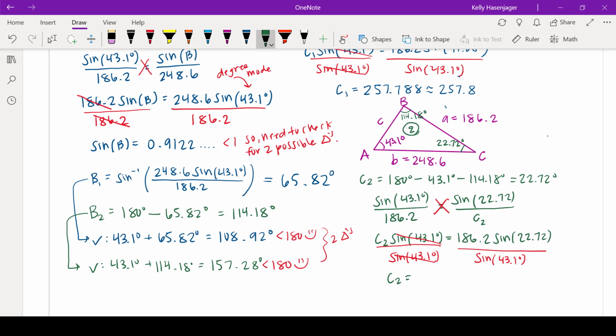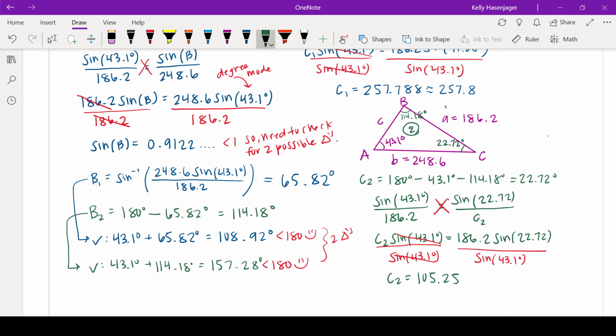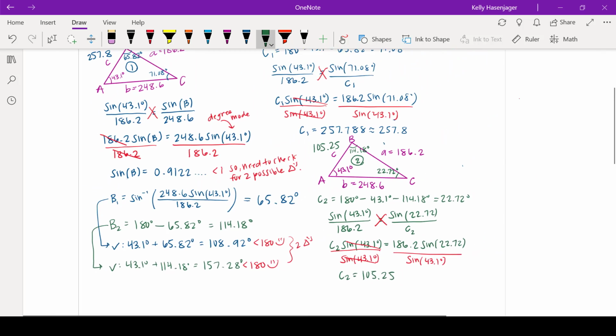So we'll get C sub 2, and then we'll plug all that into our calculator. We're still in degree mode. We get 105.25. So we'll write that on our side C of our triangle. And again, we solved both triangles. So that shows us that those three pieces of information that were given, we can create two separate triangles that satisfy those pieces of information.